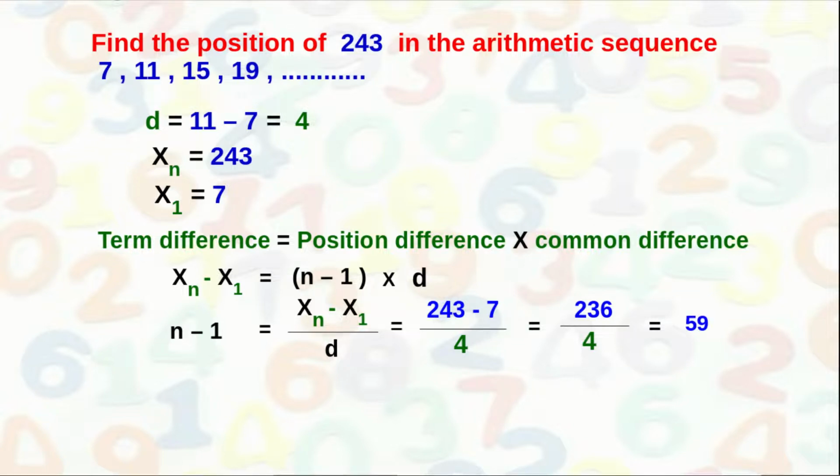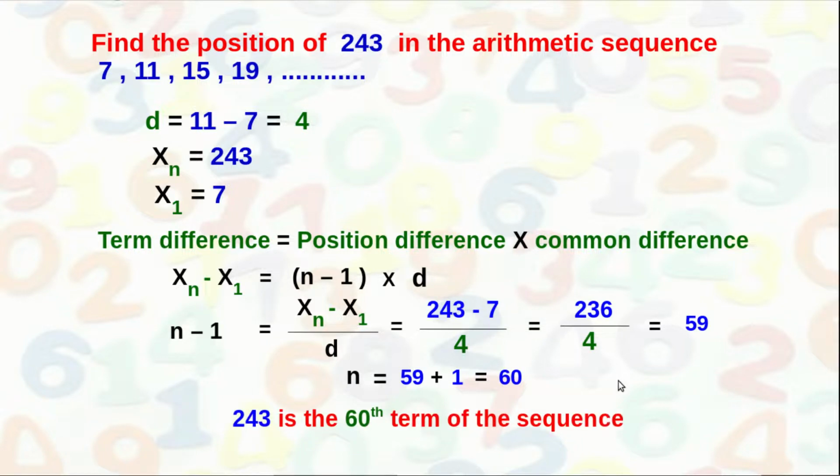We have n minus 1 equal to 59, therefore n is equal to 59 plus 1 equal to 60. That means the position of 243 is 60, or 243 is the 60th term of this sequence.